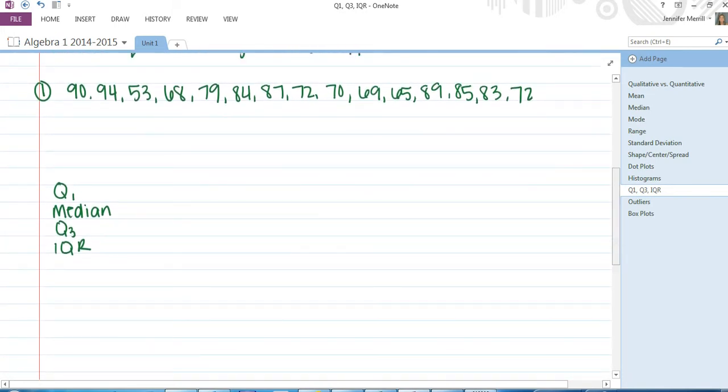So if this is my data set, the first thing that I always want to do is go ahead and put it in order from smallest to largest.